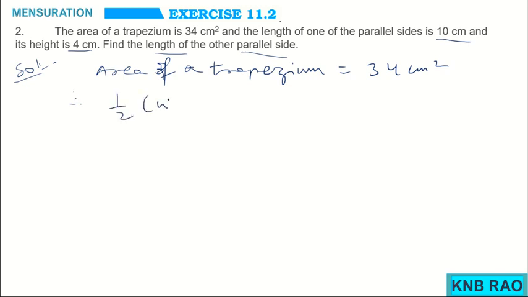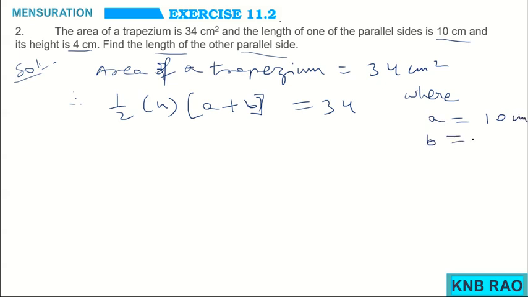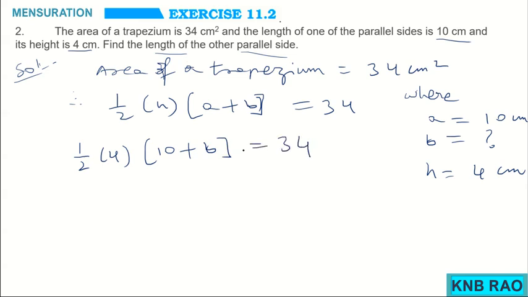Half into h into a plus b equals 34, where we are given that one of the parallel sides is 10 centimeter and the other we don't know, height as 4 centimeter. Substituting them, half into 4 into 10 plus, let us say b, we don't know, I am keeping it as b. So on simplification, 2 twos are 4.